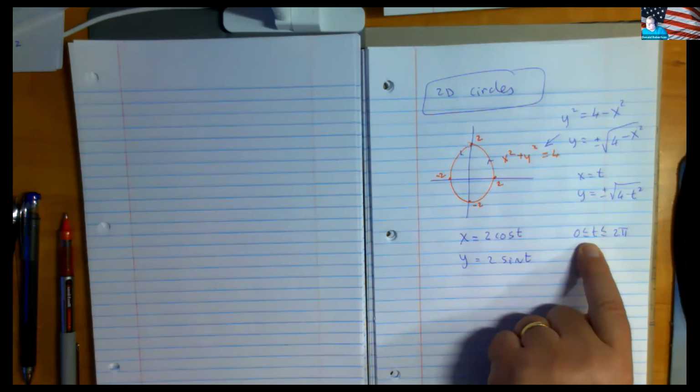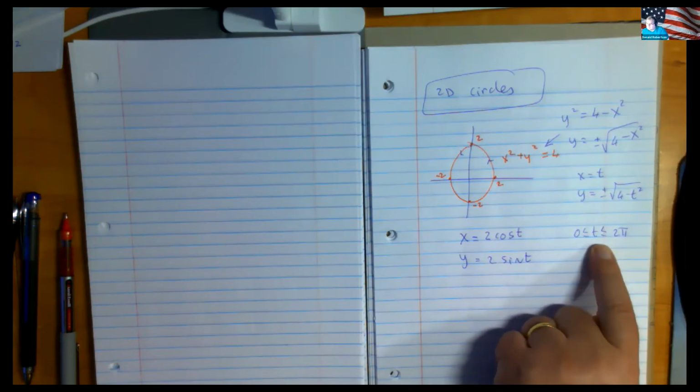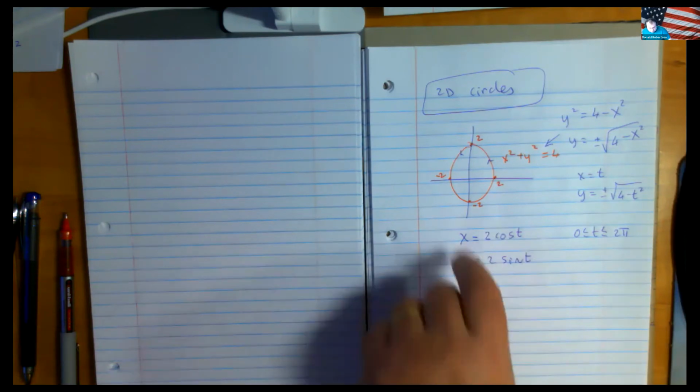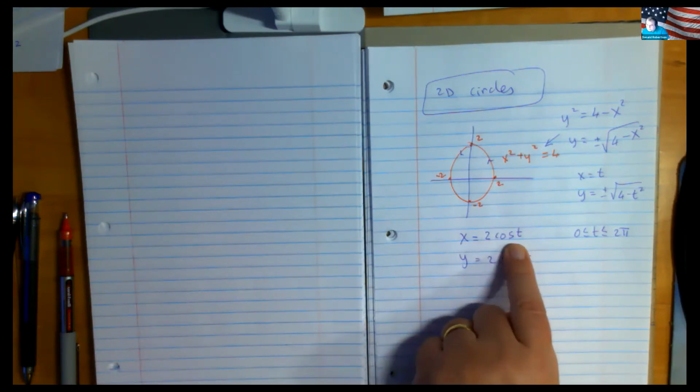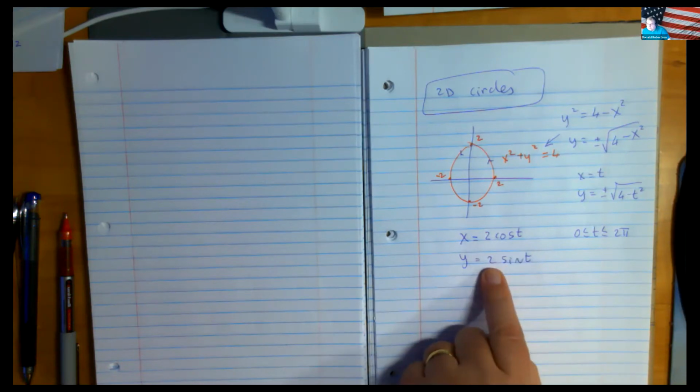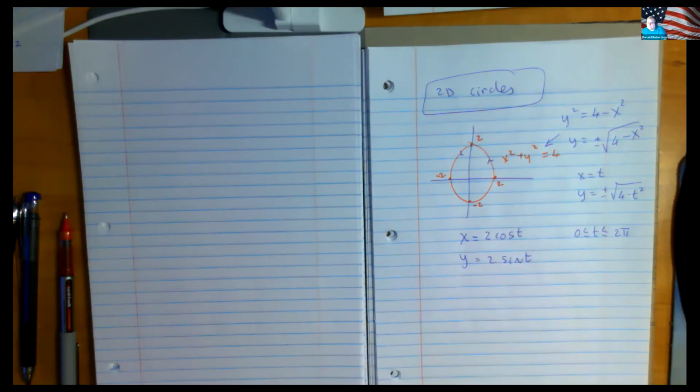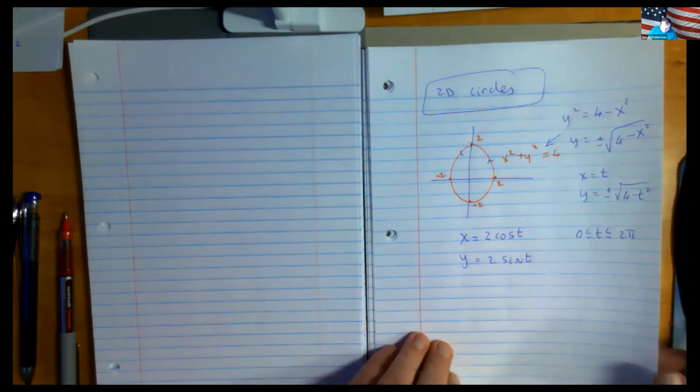Agreed? Now, every single circle is basically going to be the radius cosine t and the radius sine t. Are we good? Now, still skill building.